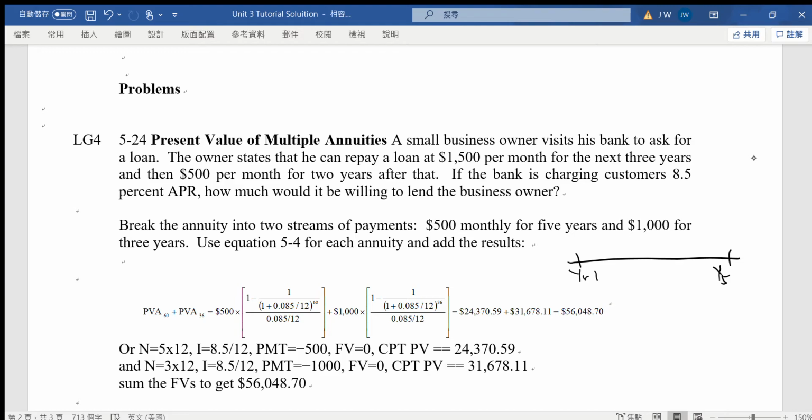Okay, and then for this one, you will find that the total amount, from year 5 up to year 1, the amount will be 1,000. Oh, sorry, that should be 500, not 1,000.